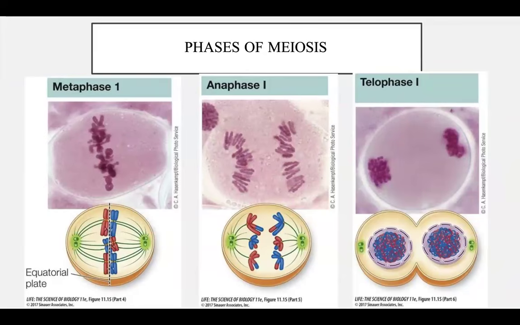Because they exchange DNA segments, it allows for genetic variety, and this is what allows you to have four completely different daughter cells rather than identical daughter cells. It is specifically because of this crossing over, which allows DNA segment exchange between your chromosomes.